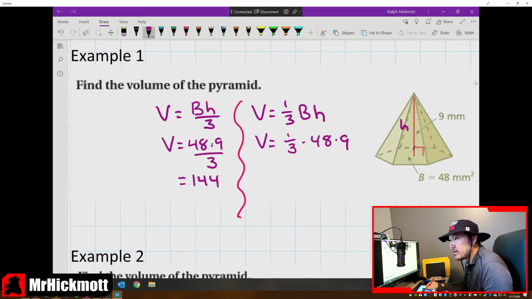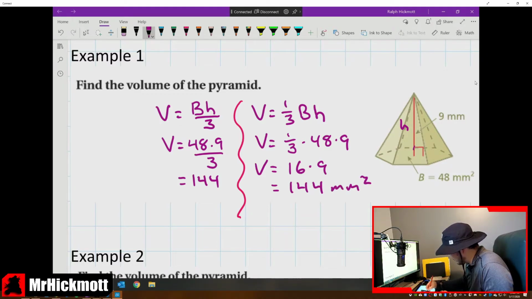I did 48 times 9 in the calculator, then divided by 3. Over here, you could do 1/3 times 48 first, because I know that 1/3 of 48 will come out evenly to be 16, a nice whole number, and it becomes 144. Don't forget our units: millimeters cubed.